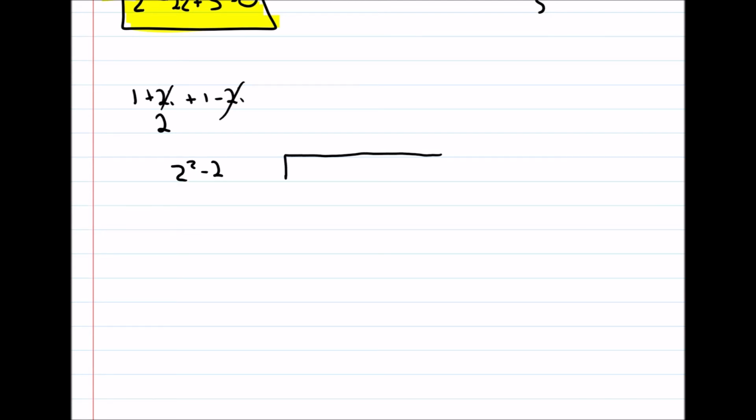So z squared minus 2z plus 5 into the cubic, which was z cubed minus z squared plus 3z plus 5. And this is just the usual algebraic division. So I asked myself, what do I have to multiply z squared by to get z cubed? And my answer is z. And then I multiply all of this by z. So I get z cubed minus 2z squared plus 5z.